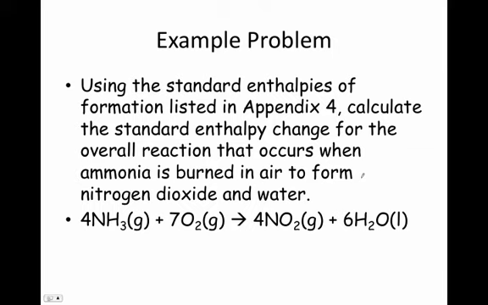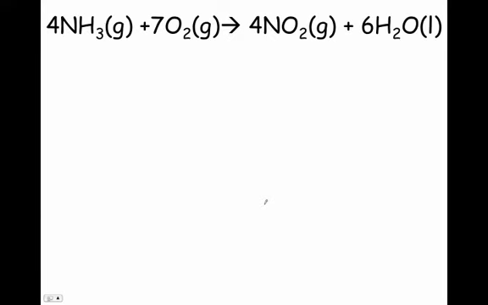So we're going to use the standard enthalpies of formation listed in Appendix 4 to calculate the standard enthalpy change for the overall reaction that occurs when ammonia is burned in air to form nitrogen dioxide and water. Here's our reaction again, and we're going to look these values up in our book. But before we do that, we're going to do most of our equations first, so that we can just plug things in at the end.